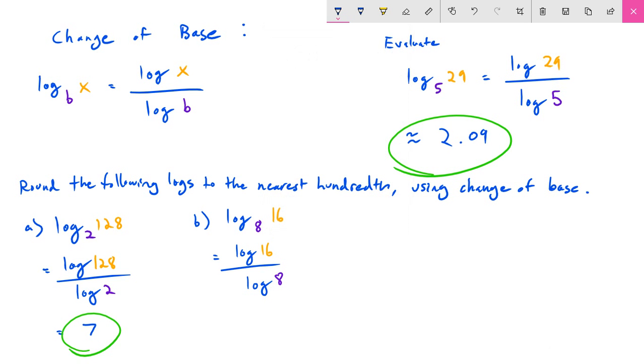Okay, so I want you to find the answer to this and round to 2 decimal spots. What would you get? 1.3. How do you round? It's 1.33 because the next number was a 3. That's below 5, so you just keep it the same.